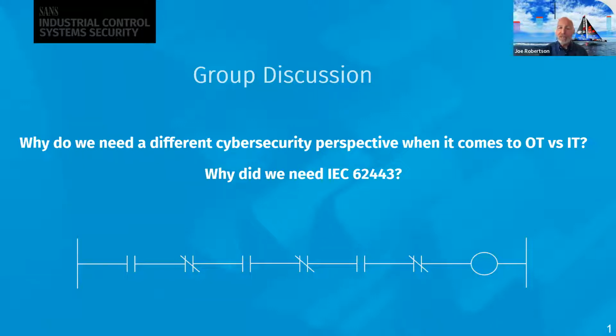You have personal data that you're protecting. There's all kinds of insubstantial bits, but when it comes to OT, we're talking about physical systems, and physical systems can go wrong. Physical systems can cause harm to the environment, cause harm to people, illness, even death, depending on what type of environment we're talking about.